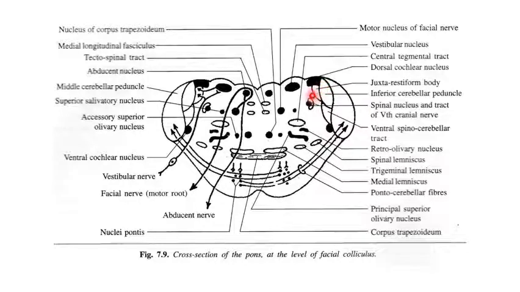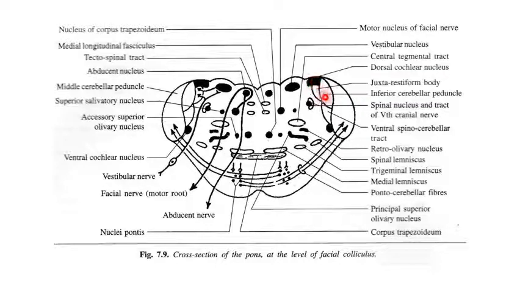Another feature is the juxtarestiform body, which is not very important, but you can mention it: just beneath the dorsal cochlear nucleus, part of the inferior cerebellar peduncle contains ascending and descending fibers from the vestibular nerve and nuclei and the cerebellum, and that is known as the juxtarestiform body. It's very easy.